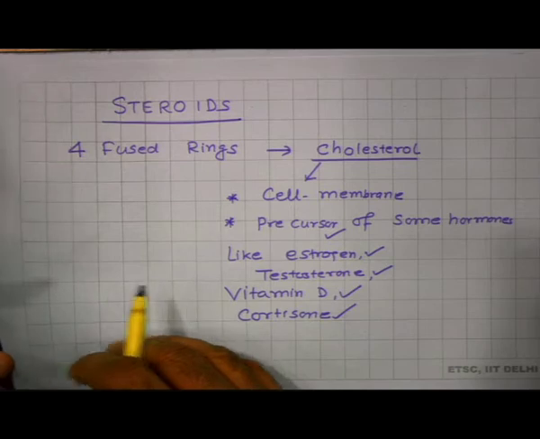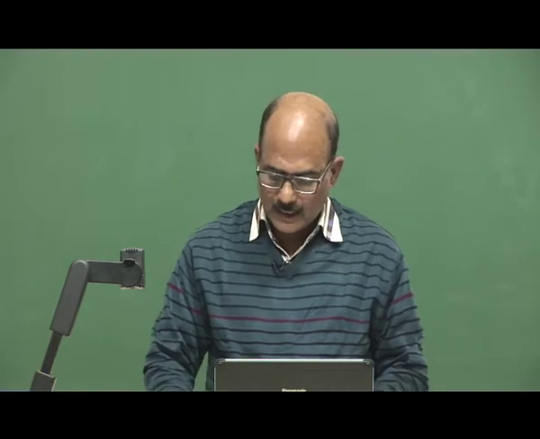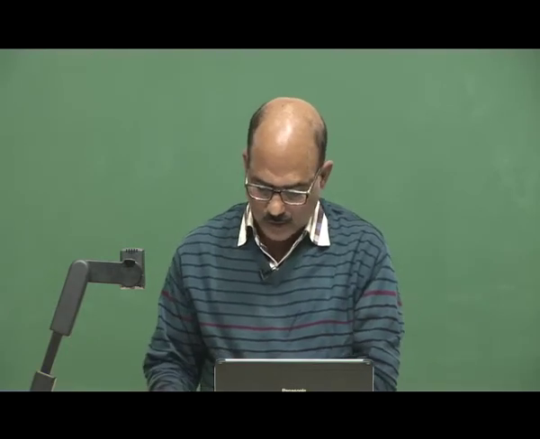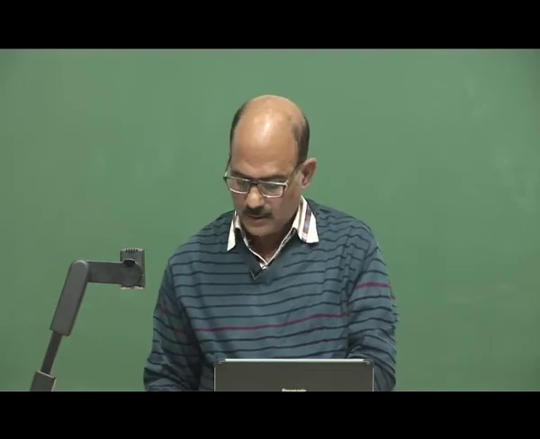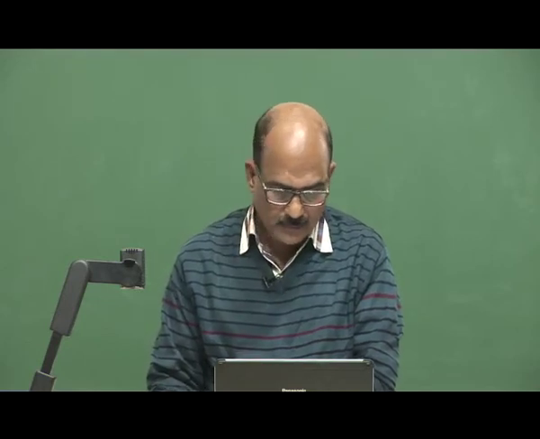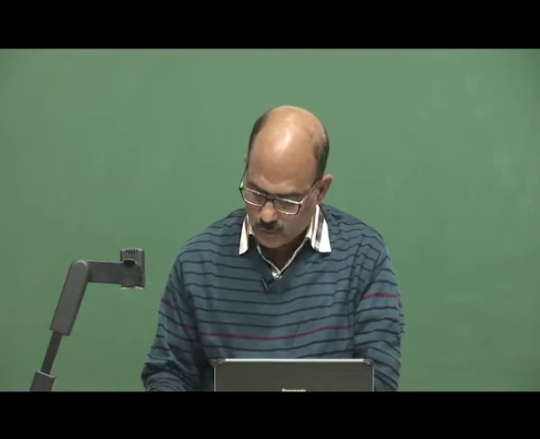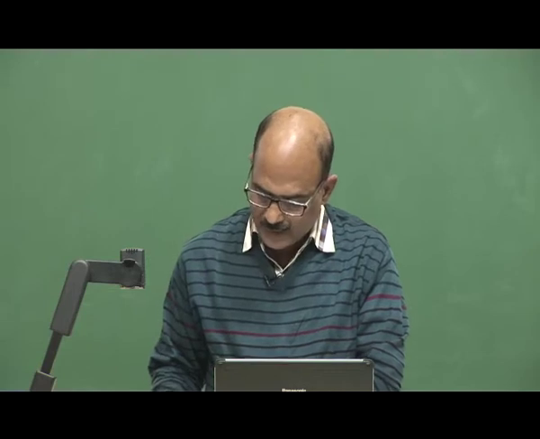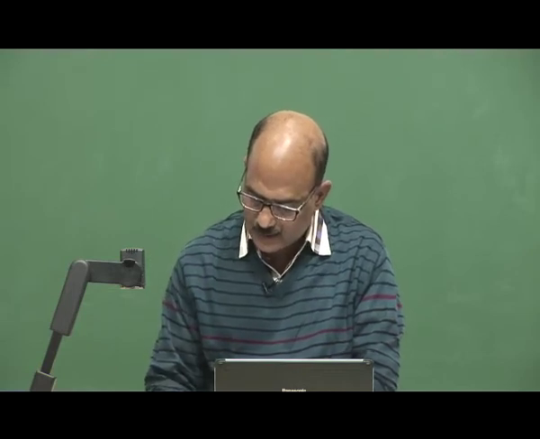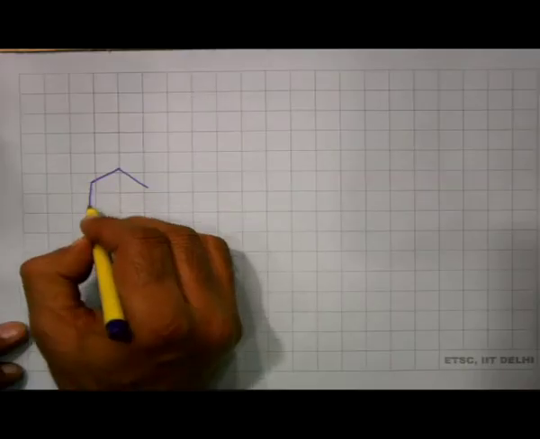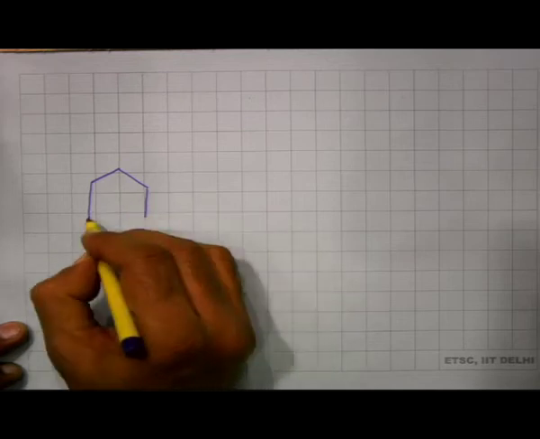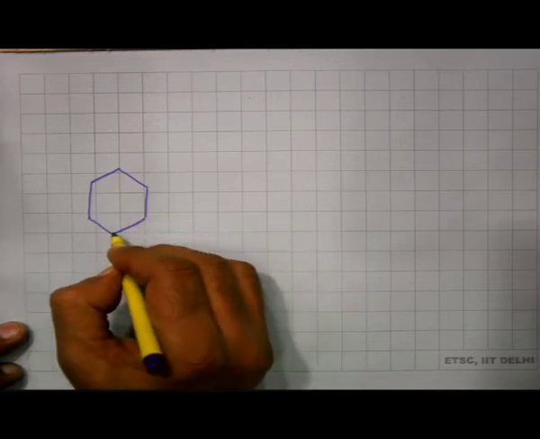As we have already discussed, steroid is a type of lipid. Here the common example of steroid is cholesterol. The cholesterol, as we have already discussed, is made by 4 fused rings. So, make the 4 benzene-like structures, this type. This structure is mentioned in your NCERT book.